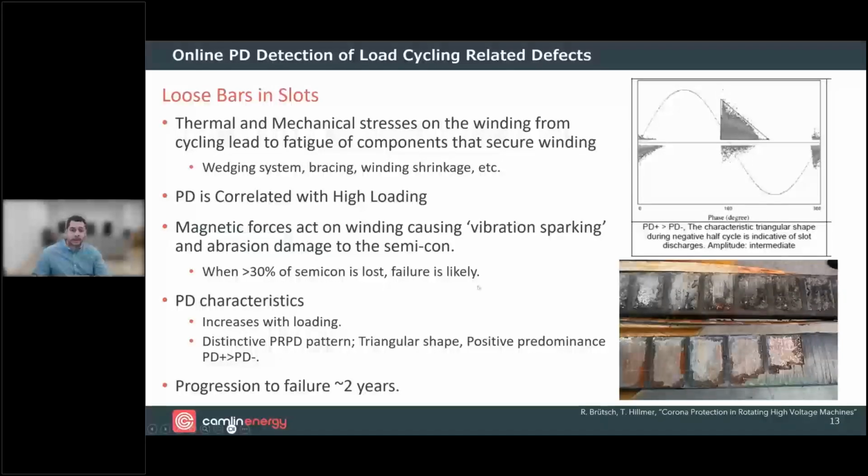Failure in this scenario can be quite short, and of course, if the bars are loose and there are any major system disturbances, you can have a failure, because the bar is not rigidly held. The magnetic forces imposed on the winding during a fault event may cause a massive disruption to the winding due to movement, and ultimately a failure.